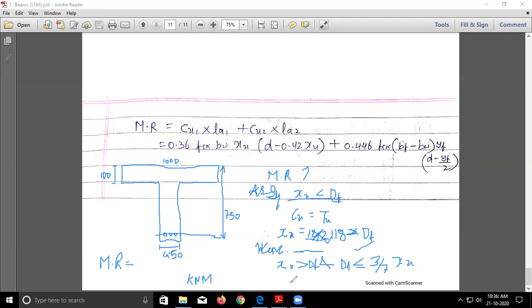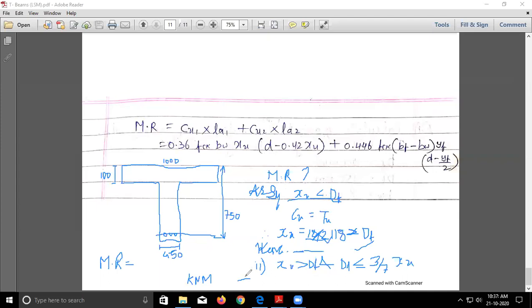So again, use the equation to find out Xu. For this case, what is the equation to find out Xu? For the second case, we have already done this. So accordingly, you will use that equation and find out Xu.